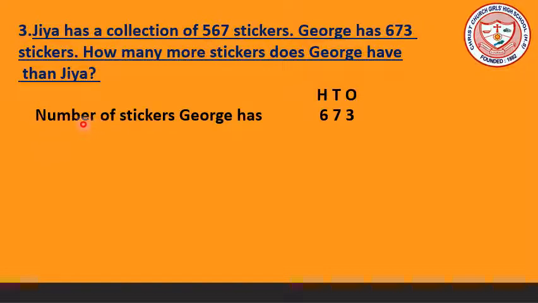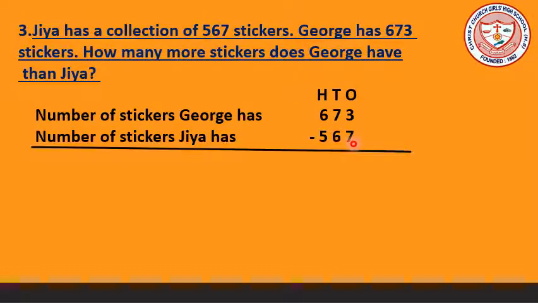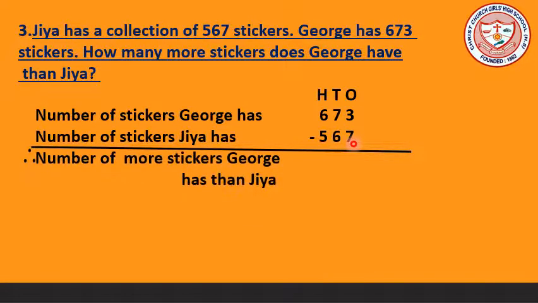So the number of stickers George has, 673. Number of stickers Jia has, 567. And now we are going to do subtraction. So the third sentence will be, therefore, number of more stickers George has than Jia.